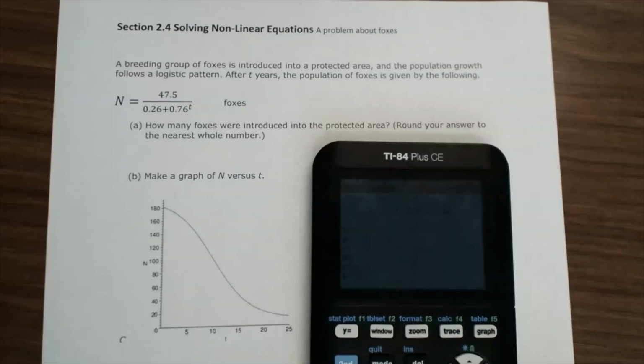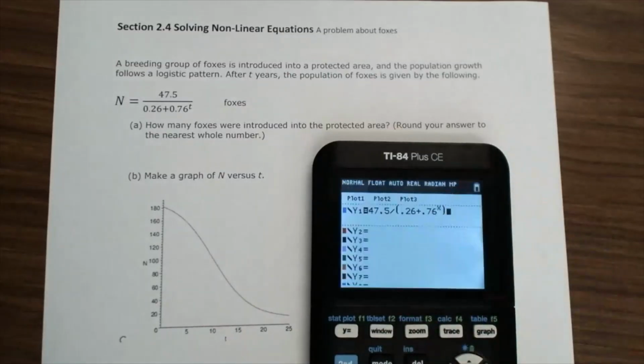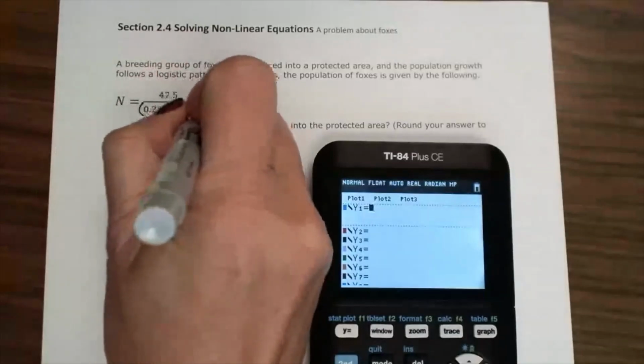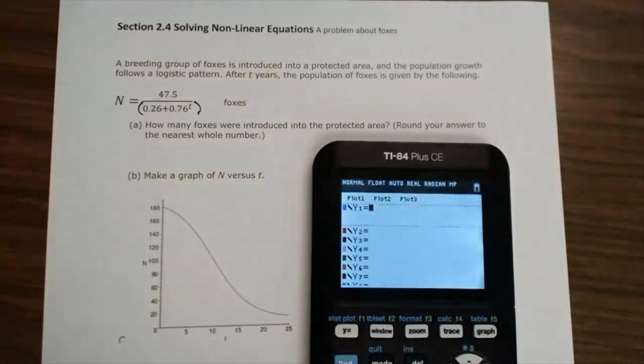First of all, we need to turn your calculator on and clear everything that you had on your calculator and type this formula into your calculator. Don't forget to put parentheses around your denominator.